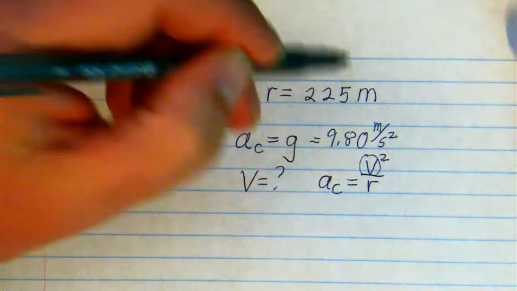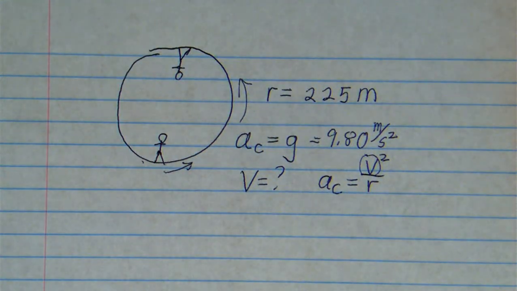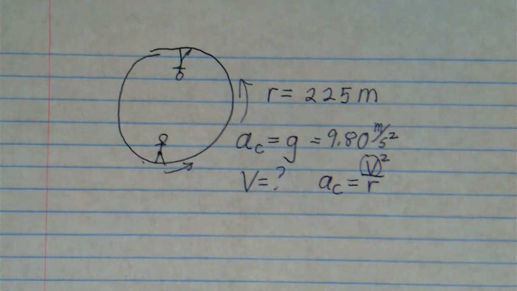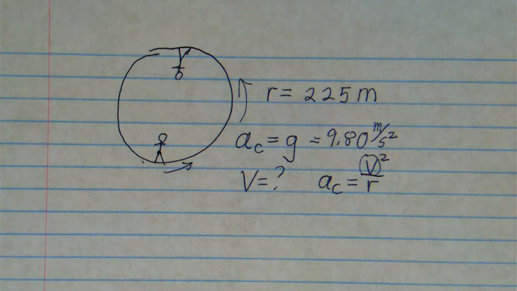Solve for v and tell me what would be the speed at which you're spinning. Tyler, what do you get? Standing by.